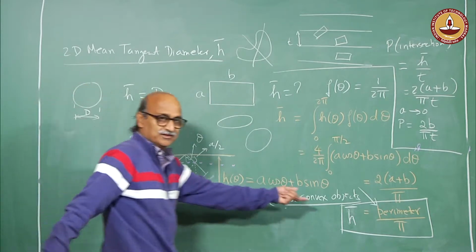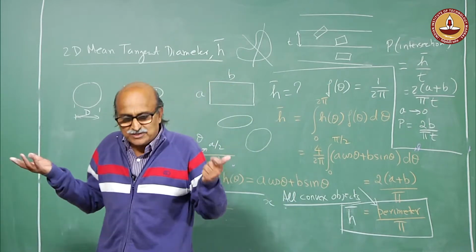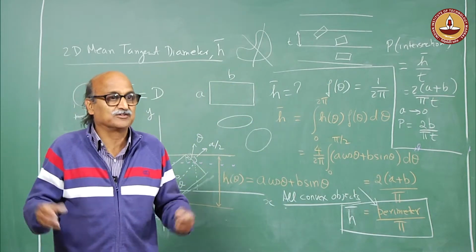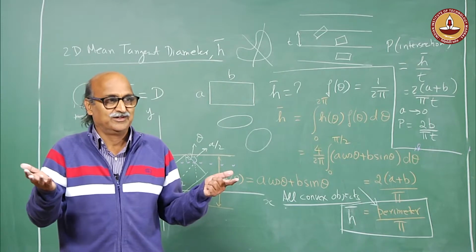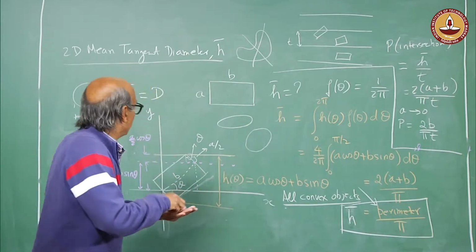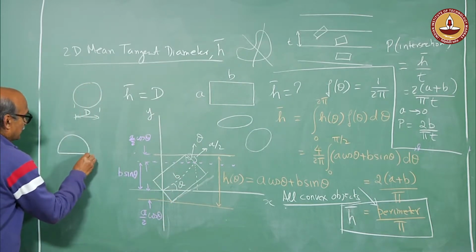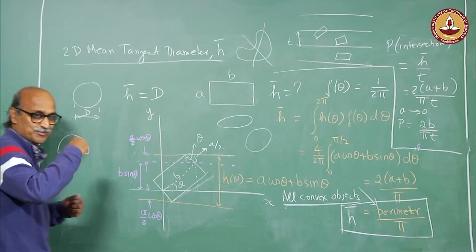So, this makes things very simple. Now, you can imagine what is the mean tangent diameter for a semicircular object. Sometimes you see these precipitates also.